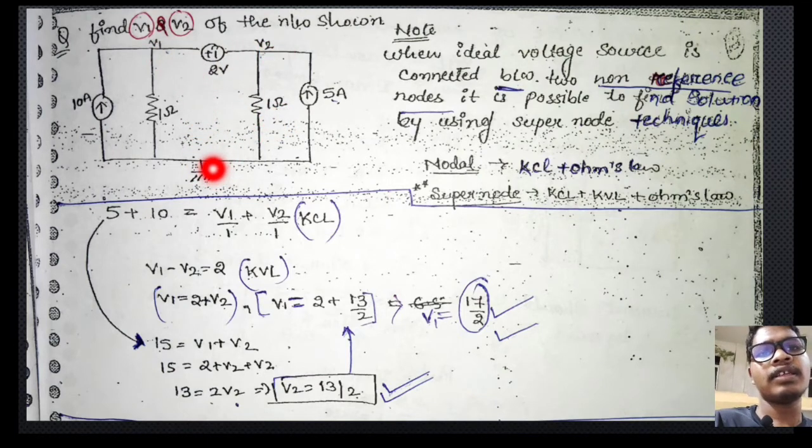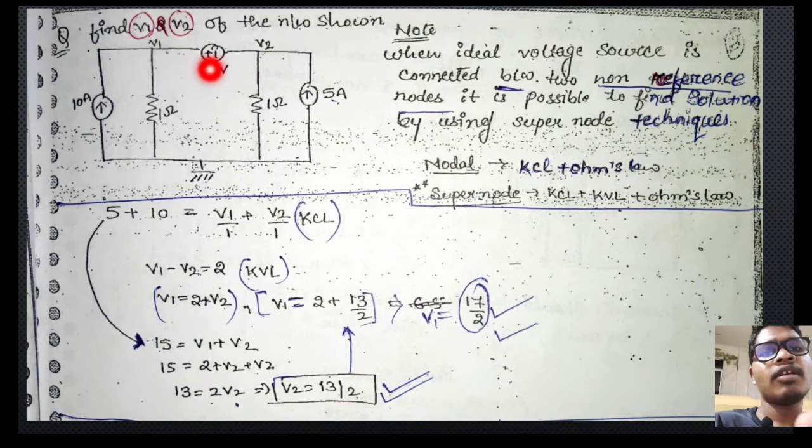So for node 1 and node 2 we need to calculate the voltages V1 and V2. Please note that node 3 is our reference node.